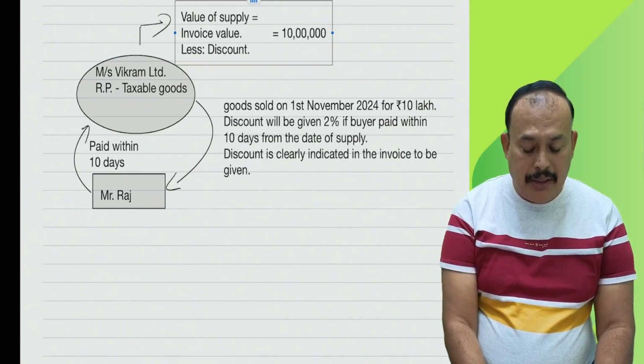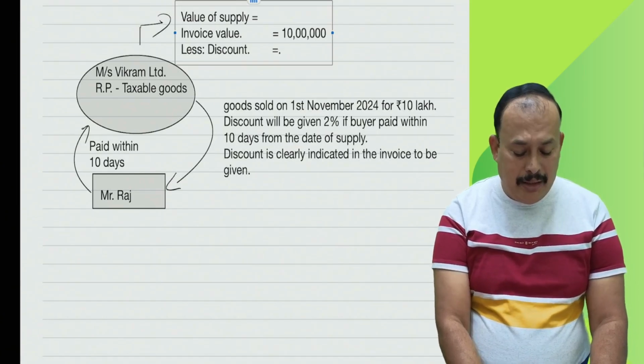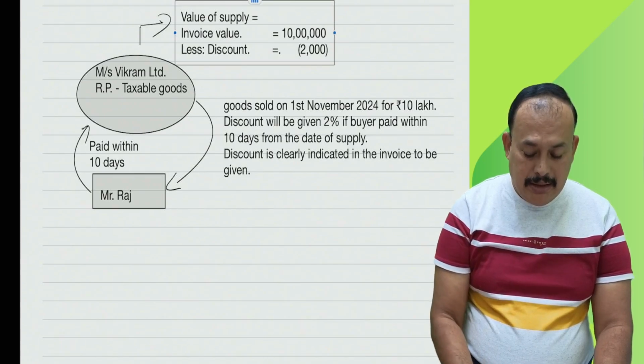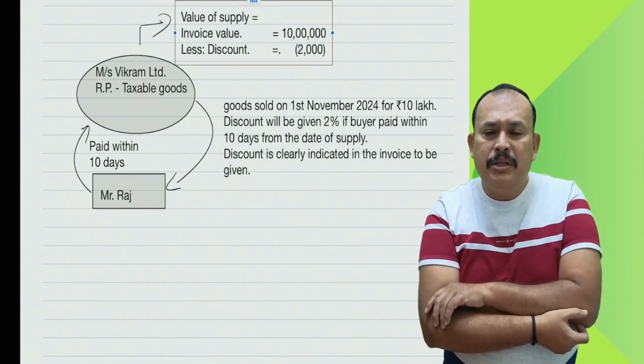How much discount here? On 10 lakhs, 2% discount, how much comes?